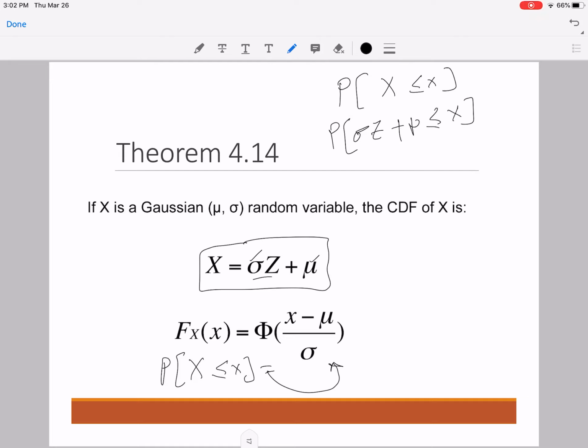If I move the mu to the right hand side and move sigma to the denominator of the right hand side, I get the probability that z is less than or equal to x minus mu over sigma, which is obtained by finding the value of the standard normal random variable CDF at x minus mu over sigma. This particular theorem will be used to solve all kinds of probability problems with Gaussian random variables, and I'm going to show you how.